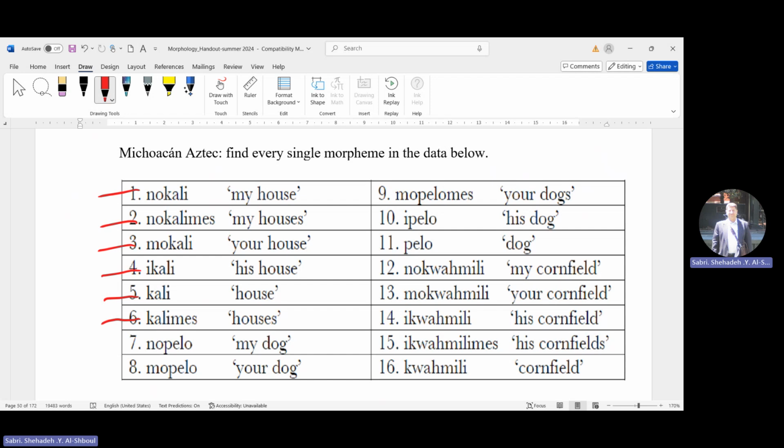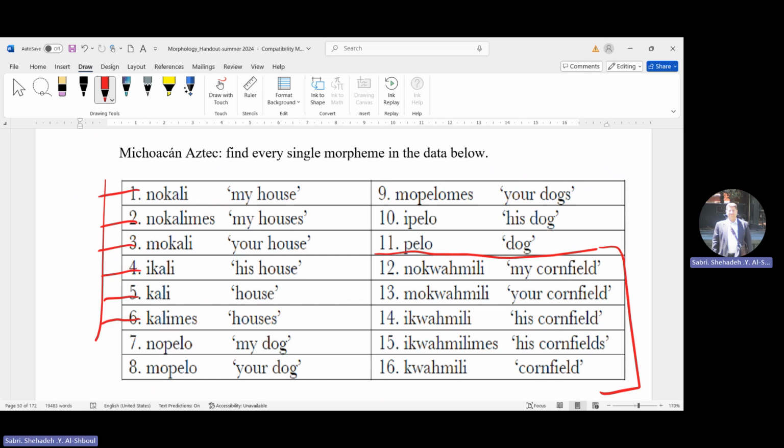So this is number one. I make a kind of distribution based on the meaning here, the semantic domain. So we have also Nopilo, my dog, Mopilo, your dog, Mopilomis, your dogs, Epilo, his dog, Pilo, dog. And finally we have the Aztec words for cornfield.